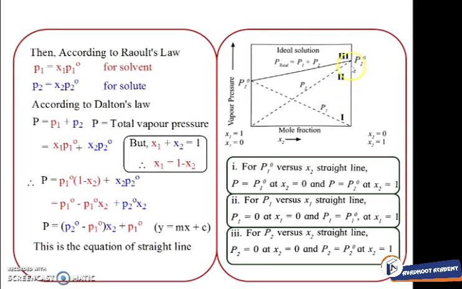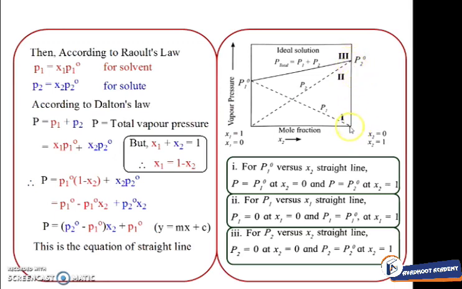Corresponding to this point, x2 is maximum, that is 1, and therefore as per this formula there is a maximum value for P2. So this point represents the maximum value of P2, which corresponds to P20. It means at this point P2 is equal to P20.